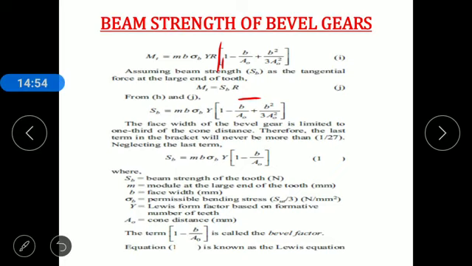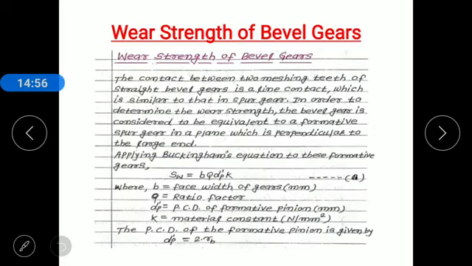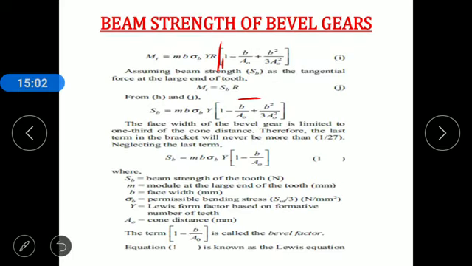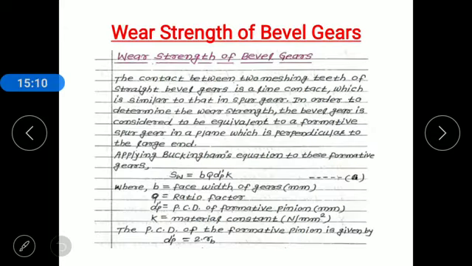Okay, remember that. This is the whole thing about the beam strength of a bevel gear. Derive the beam strength of bevel gear, that question is also asked for 6 to 7 marks in university examination.